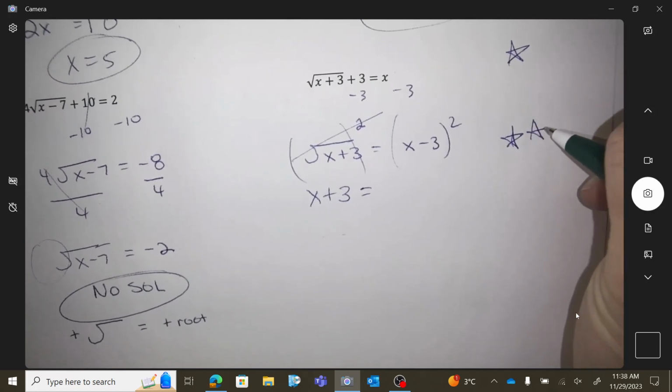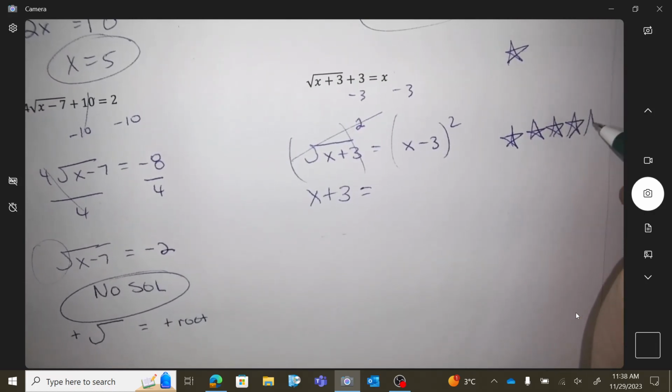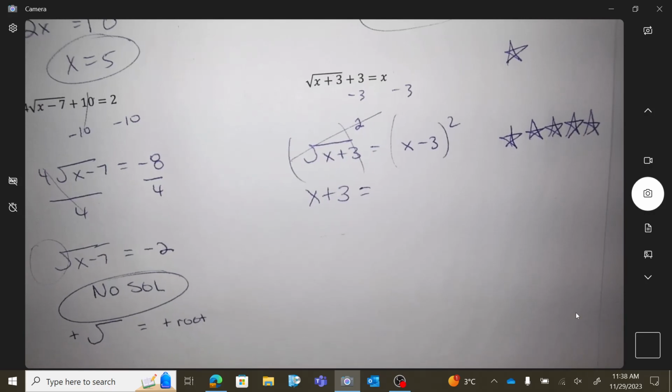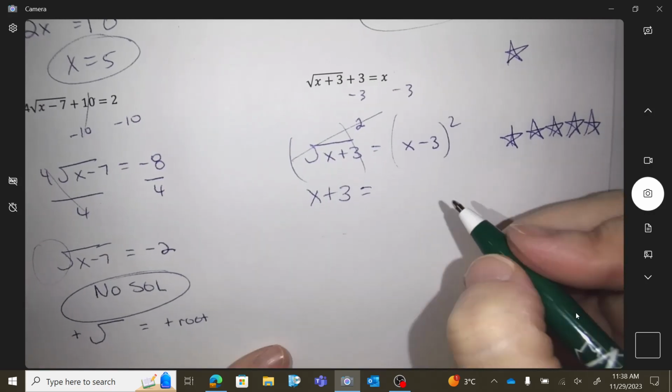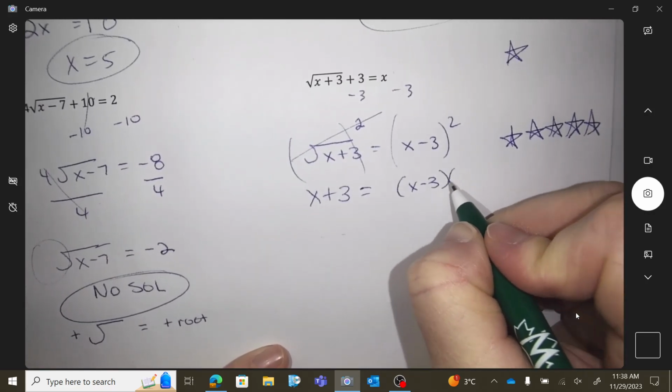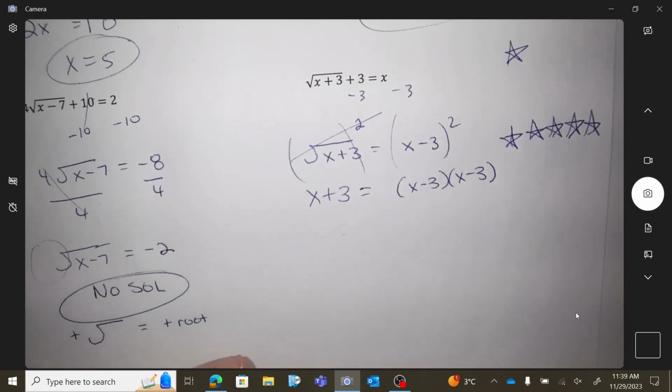And here's the big one. What do we do when we square two things? You have to FOIL it, okay? That's where the mistakes happen. People squaring the individual items. You're not squaring individuals, you're squaring that as a group.